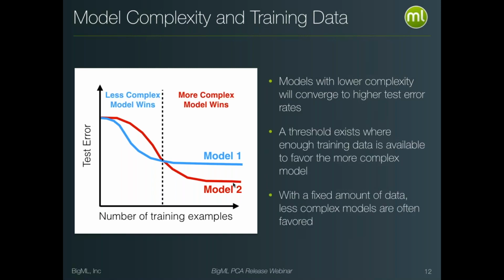But you can see here there's a certain threshold where not enough training data is available to favor the more complex model. So for situations where you have a fixed amount of data or not a ton of data to work with, a less complex model is often more favorable.